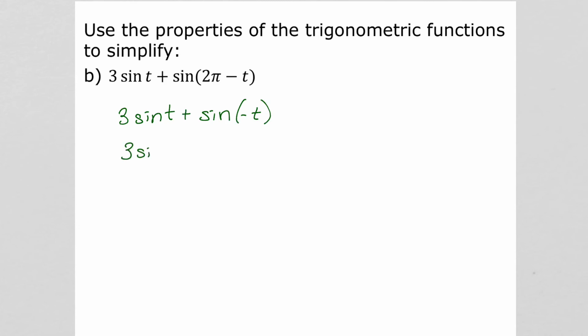And we're told by even and odd properties that the sine of negative t is the same as minus the sine of t. So we have 3 sine of t minus sine of t. Guess what? That's 2 sine of t.